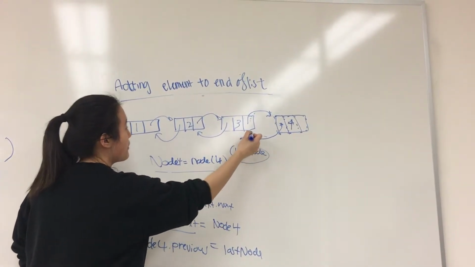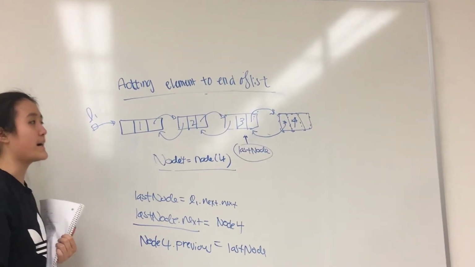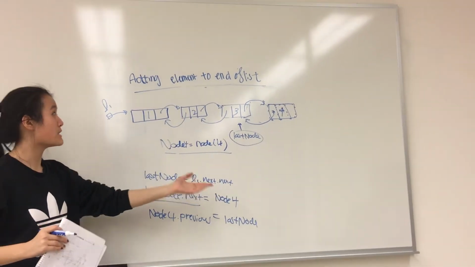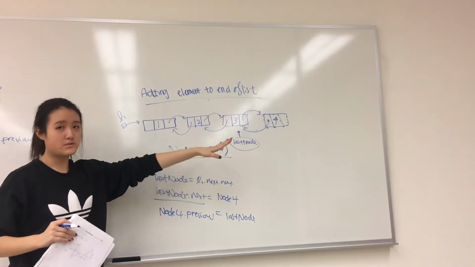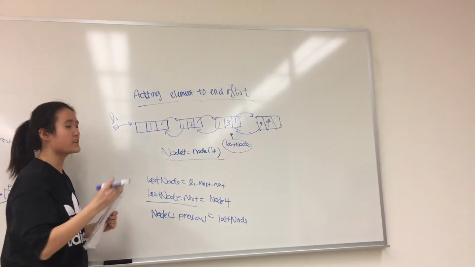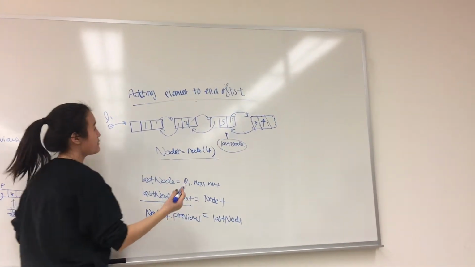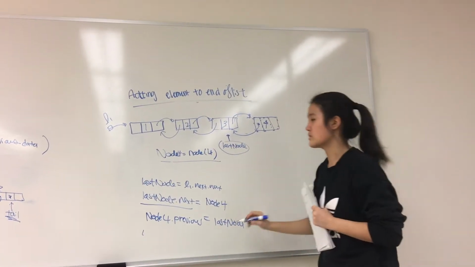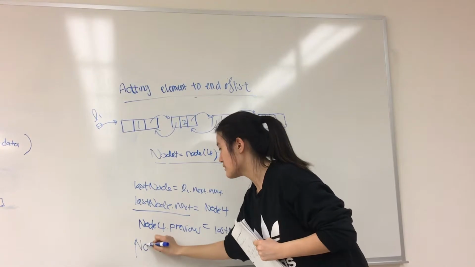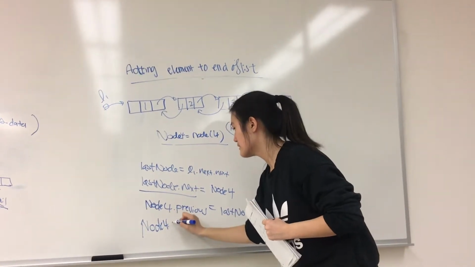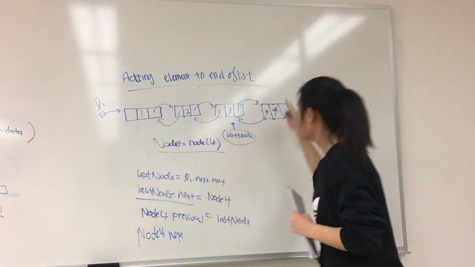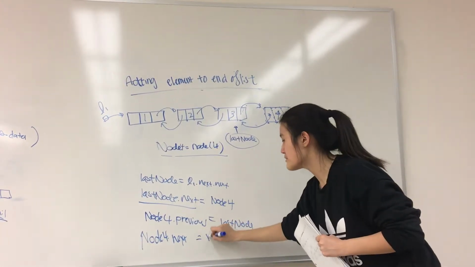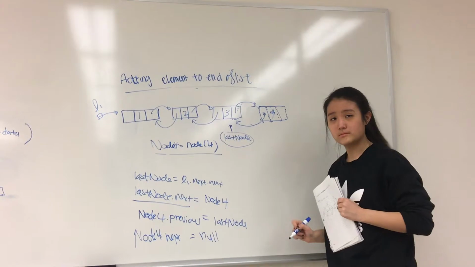So we just created this link right here. So you've added another element to the end of the list. And if you want to be a little more nitpicky about it, like we said, at the end of the list the dot next is always going to be null. So you could even say node 4 dot next, this box right here, is going to be null.